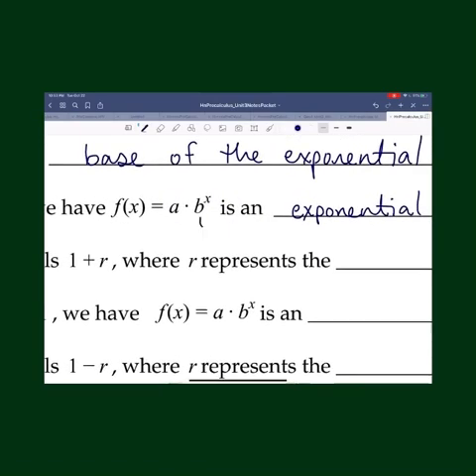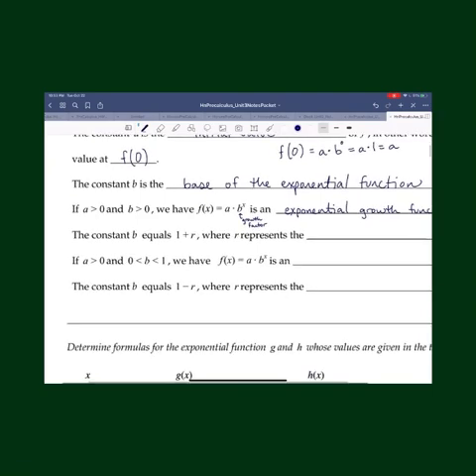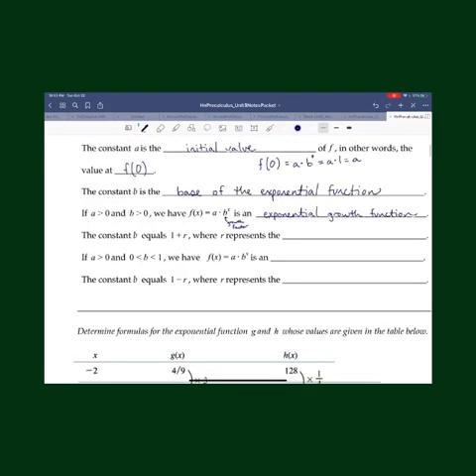And we call b the growth factor. So when we have an exponential growth function, the constant b, which is the growth factor, equals 1 plus r, where r represents the rate of increase or growth.